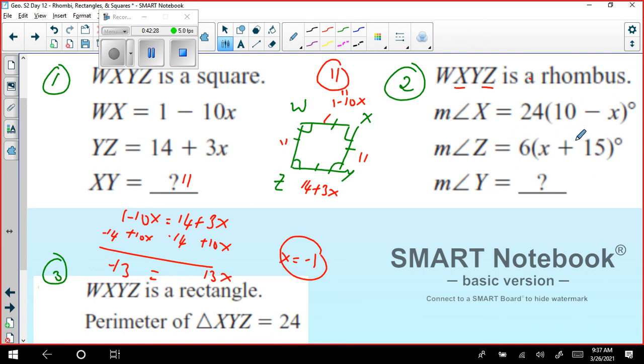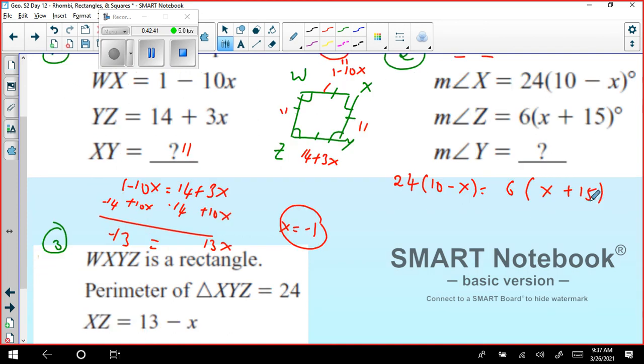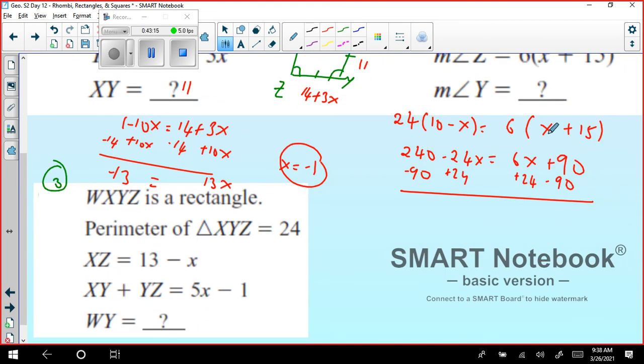So you can just equate this. 24 times 10 minus x will be equal to 6 times x plus 15. 24 times 10 is 240, minus 24x equals 6x, and 15 times 6, which is 90, and put all the x terms together, add 24x, subtract 90 on both sides to get 30x, oh my bad, here 24x.